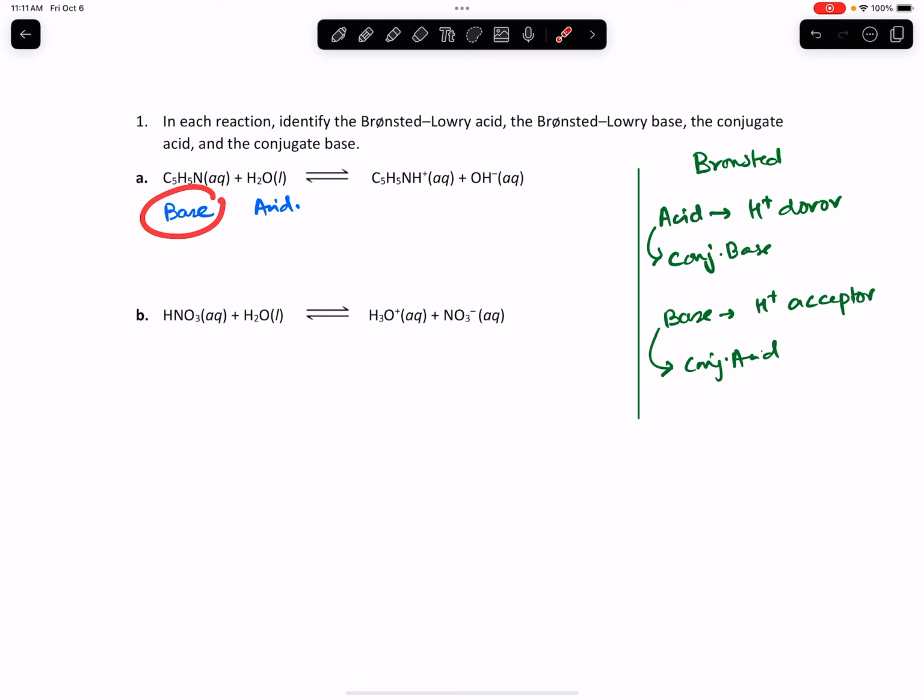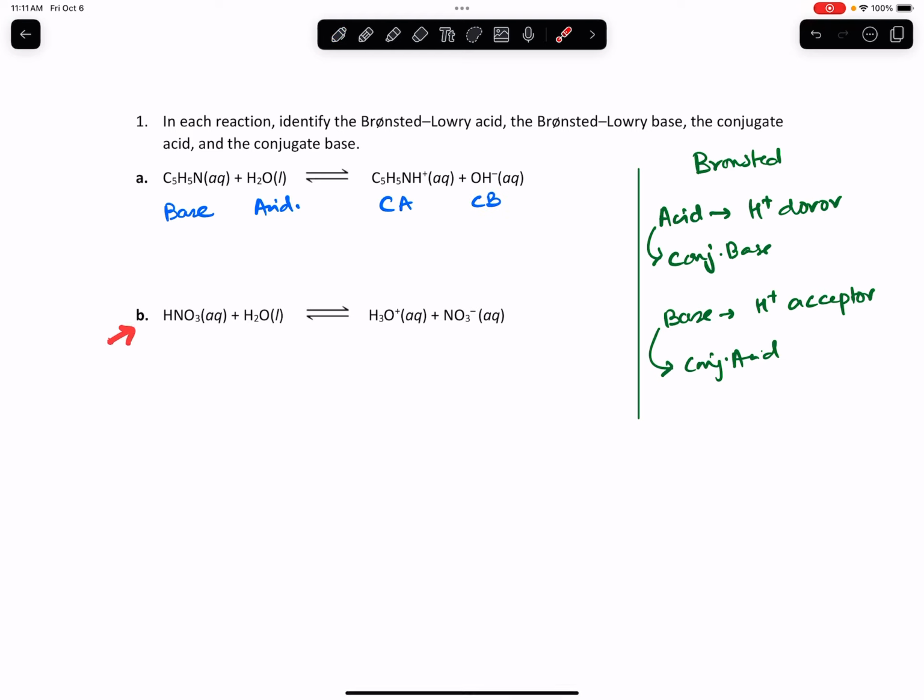Now, the base gives rise to the conjugate acid, which is the one with the extra proton, so this is the conjugate acid. And the acid out here gives rise to the conjugate base, which is one proton less. So that's the conjugate base.